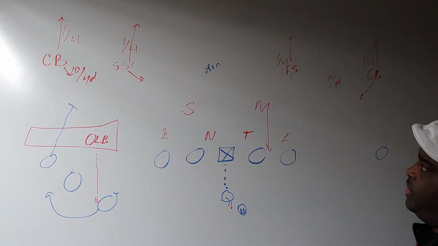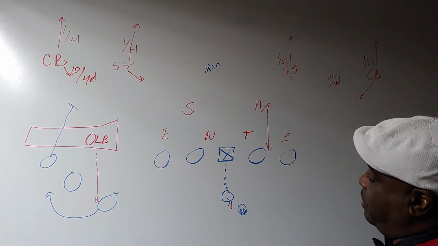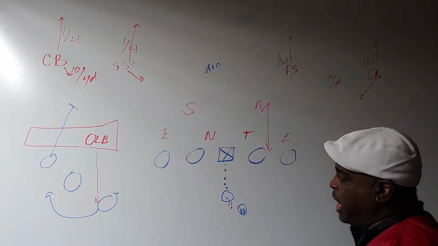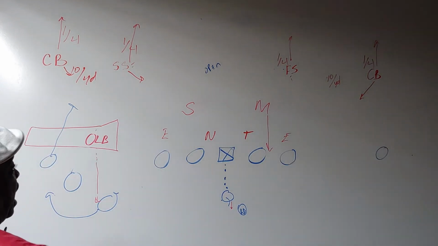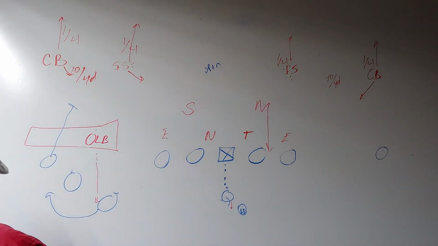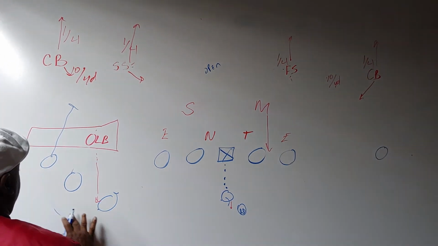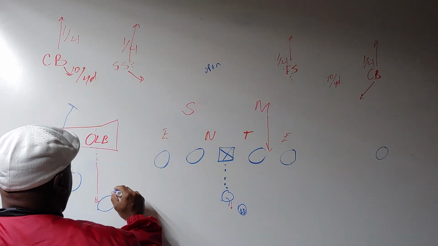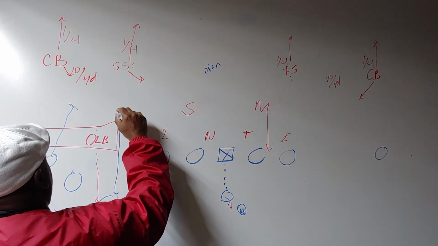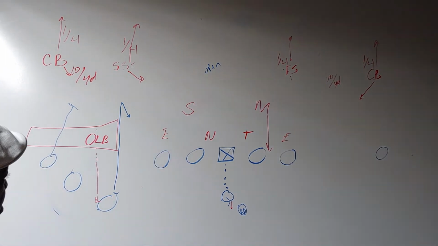Okay, so they're in that cover 4. Everybody's got a coverage, a quarters coverage. All right? Now, you have to run some type of underneath patterns. Let's say you can send him right there on the hook.